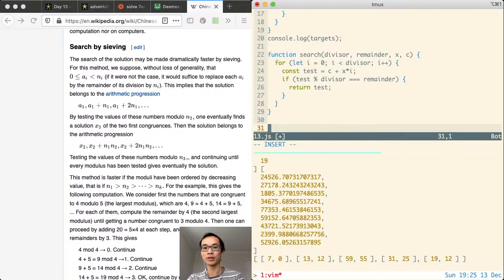So for example, if I search for 13 and 12, which is the second one, because I need it, and the answer to the first one was 77. No, 77 goes in C. And this is 13 times 7, which is the multiple of all the divisors that we've gone through so far.